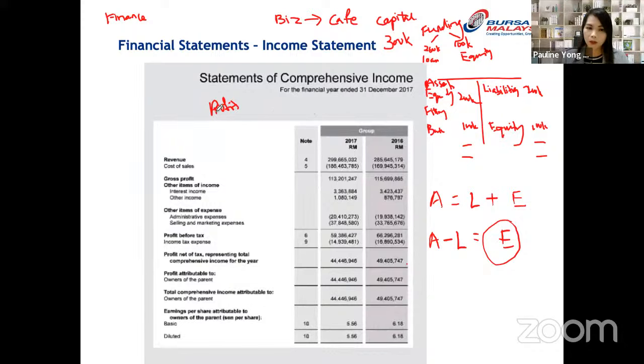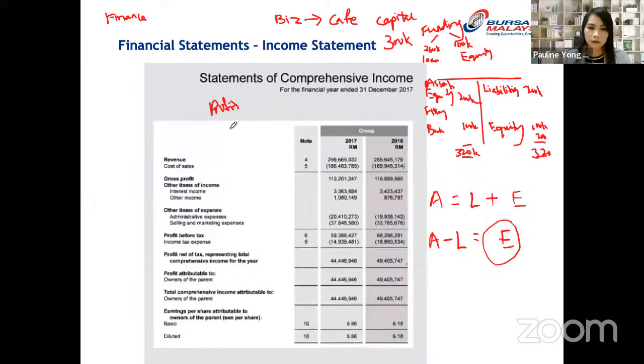So all the accumulated profits will be added onto here. For example, after 1 year, your accumulated profit is 20K, so you add 20K, and then your bank balance also increases by 20K. So your overall is increased to 320. So it's balanced. That's how it is linked.